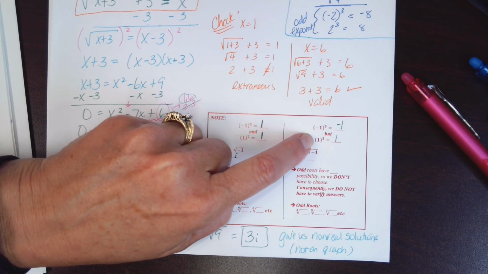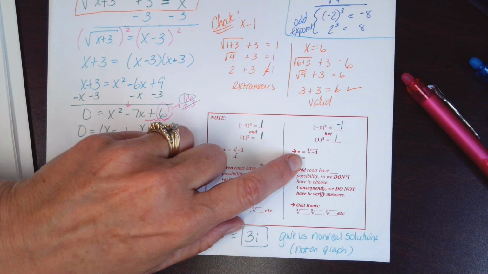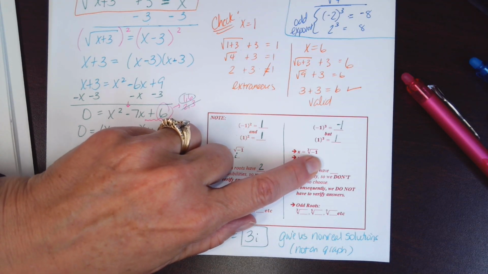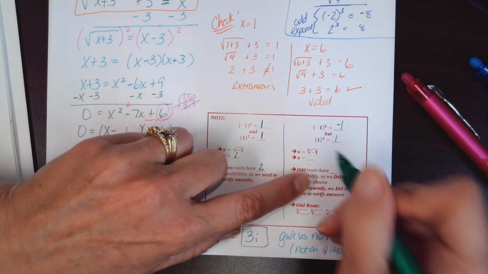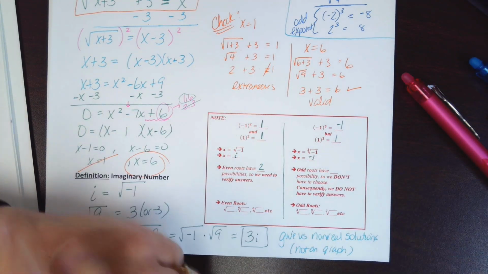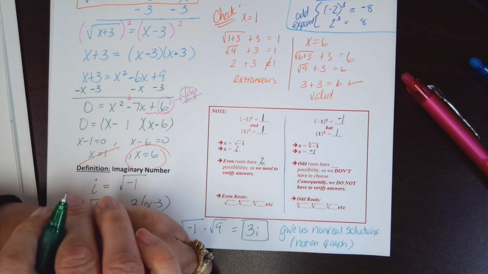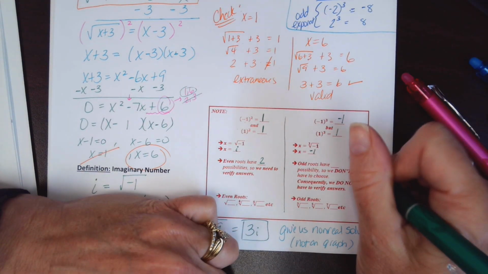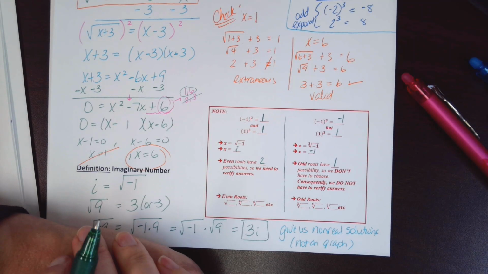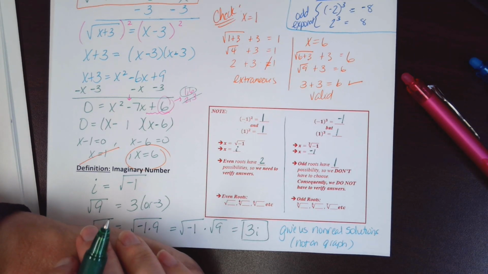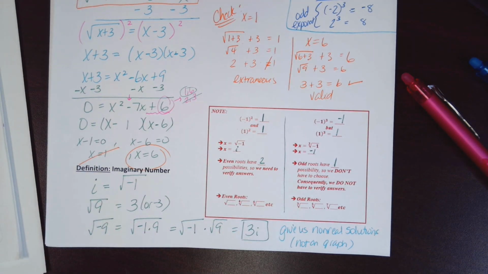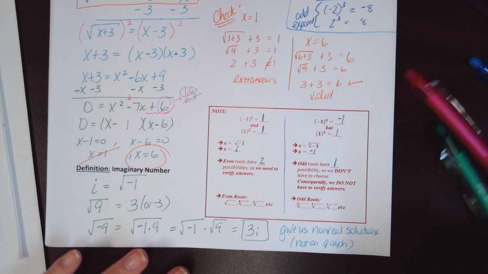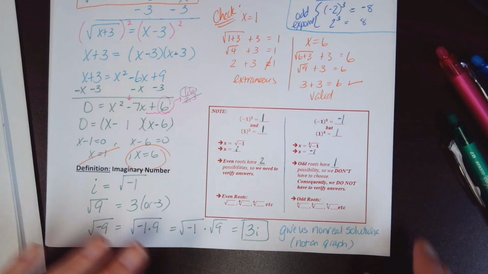If I start positive, I stay positive. So the cube root of a negative 1 is negative 1, because negative 1 times itself 3 times gives me a negative 1. So if I have odd roots, odd exponents, there's only one possibility, so we don't have to choose, which means we don't have to be stressed about extraneous solutions, and we don't have to go through the work of verifying our answers.